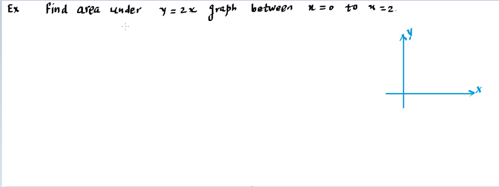Let's use the method that we have learned. The required area can be expressed as integration y dx, the area under the graph, running from x equal to 0 to x equal to 2.